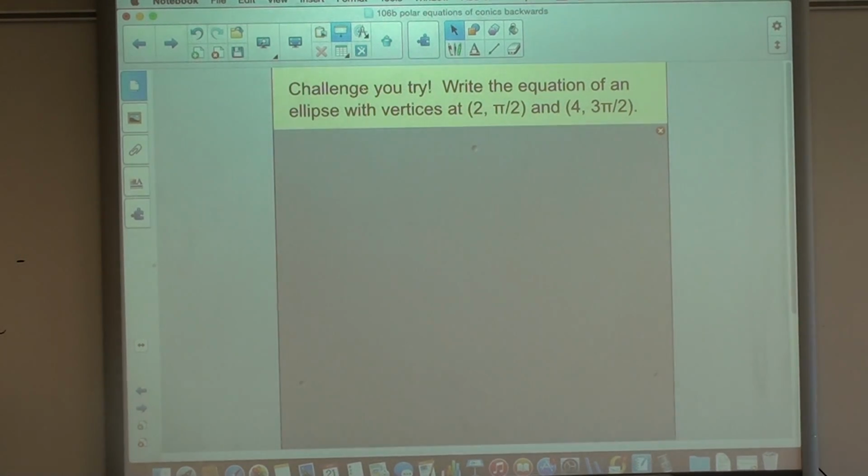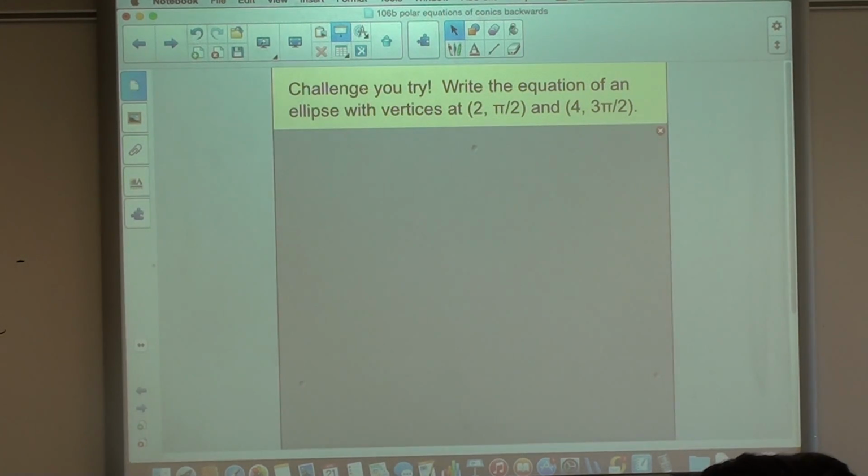From sketching a quick graph, I know it's going to be a plus. If you know nothing else, you can plug in your R theta and your other R theta, and you have a fairly easy system to solve.